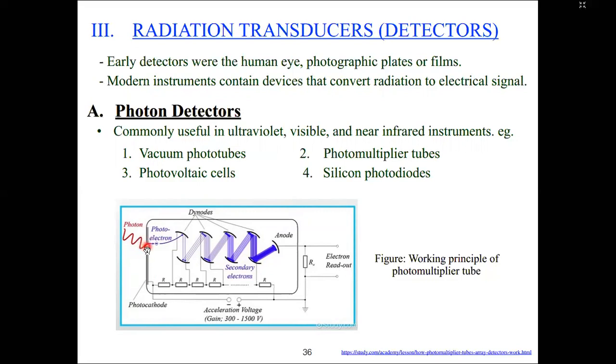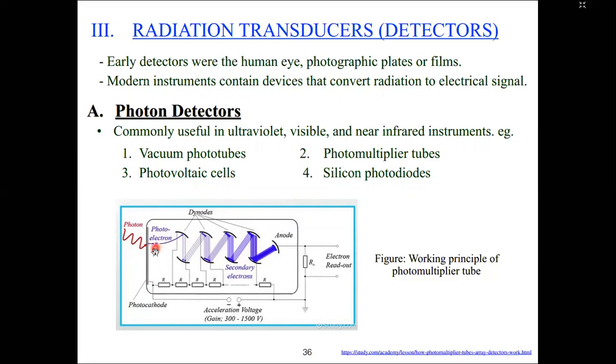When it comes in contact with the photocathode, an electron is released from the cathode due to the photoelectric effect. When the photon hits the matter, electron is released due to photoelectric effect.